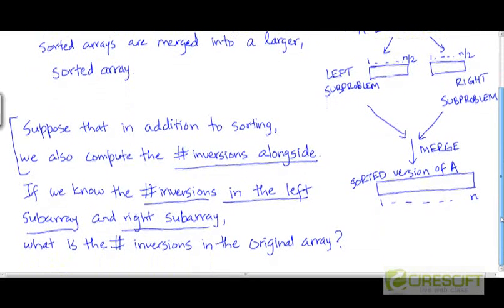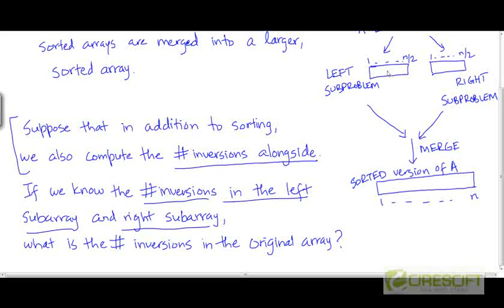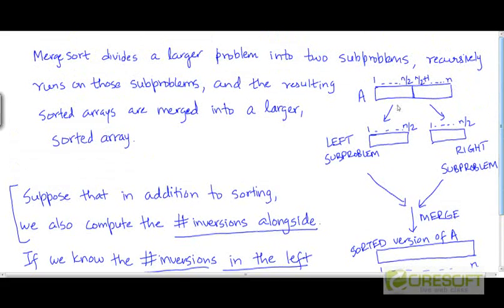So that information is going to automatically be provided to us by the recursive call. So using those two numbers, can we calculate the number of inversions in the original array?